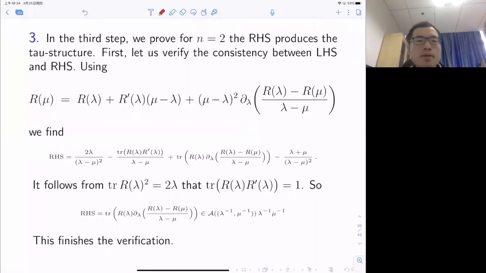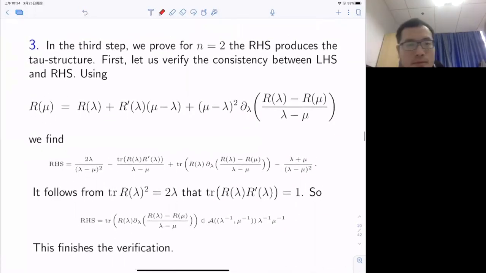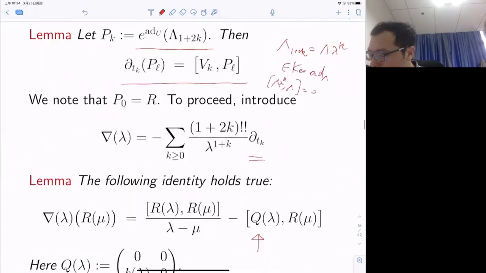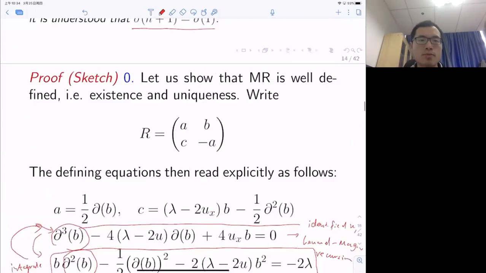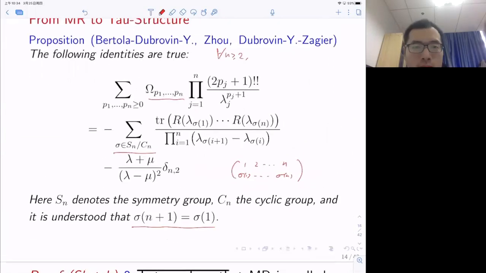So in the third step, now let's focus on the real proof. We look at the identity that we want to prove. For the left-hand side, we have already explained the existence and uniqueness, but we didn't give the proof for the existence and uniqueness of the correlation tau structure. Let's just assume it is true.